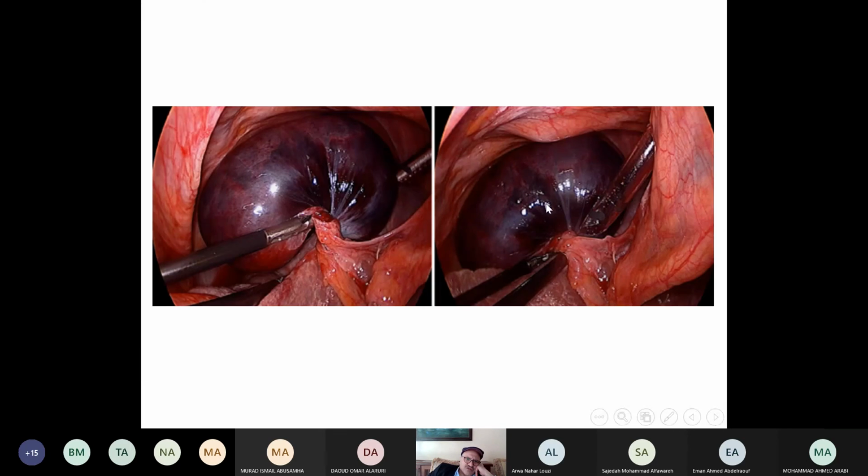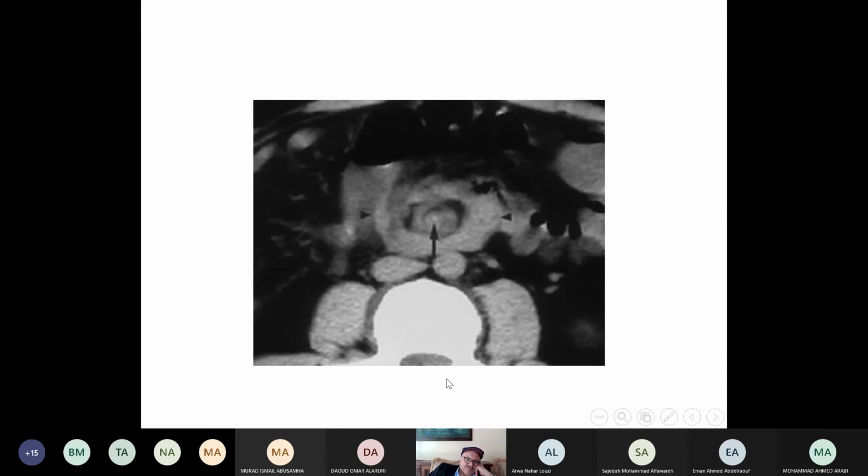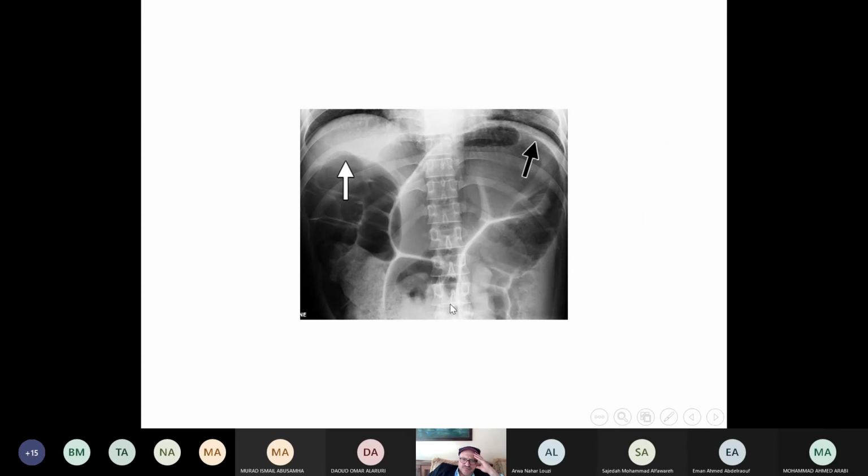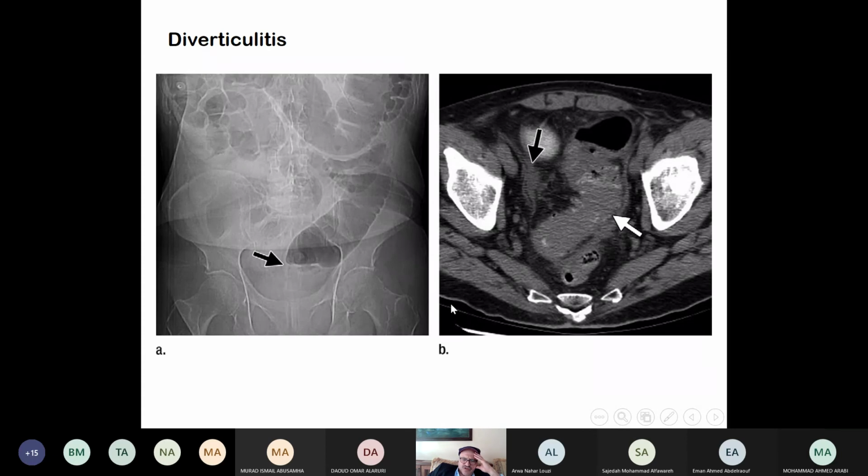And this is a late presentation with dead sigmoid. And this shows the twist in the root of the mesentery. Again, look at the dilated bowel. That's why we say we like to deflate it, because we don't want to do surgery in the presence of this loaded colon. And this is the mesentery rotated.